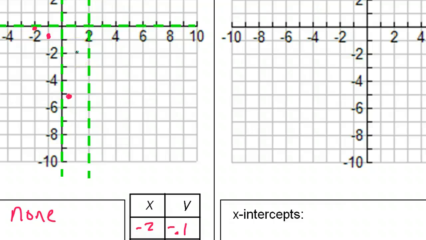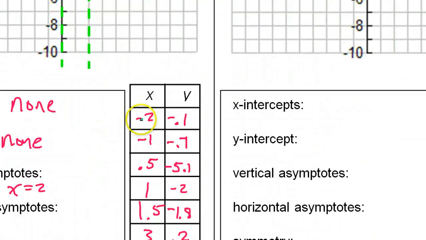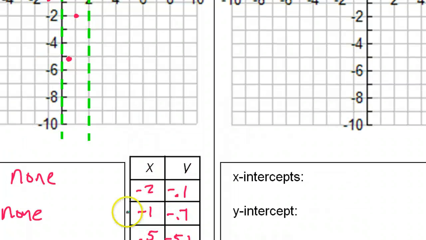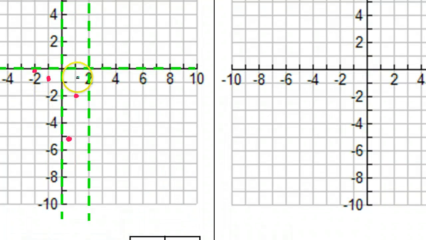Okay, technical difficulties. At 1.5, that's negative 1.8. Okay, that would be like right here.